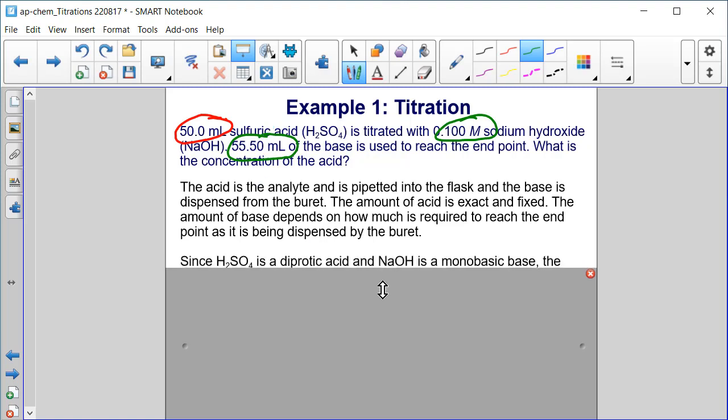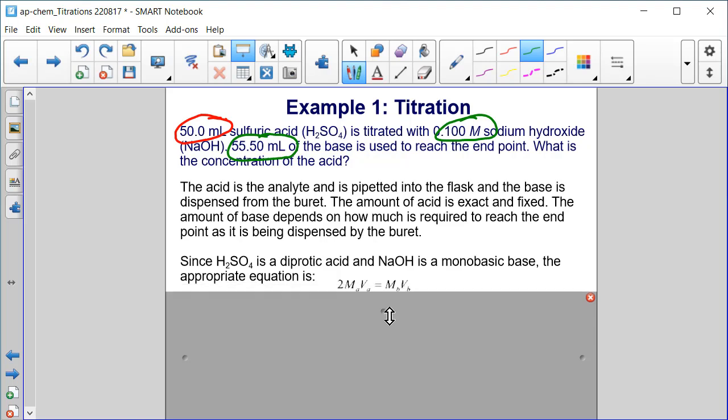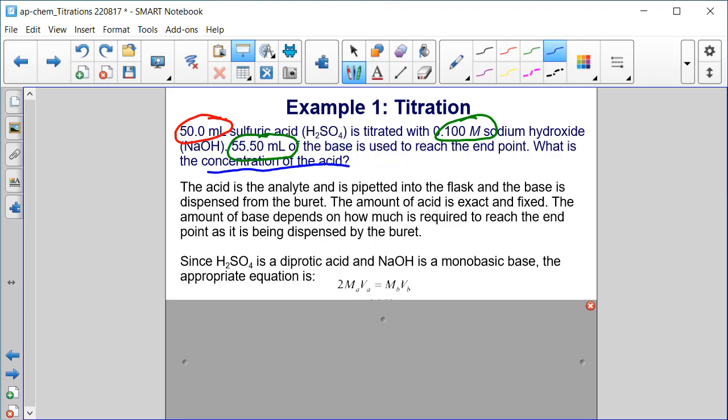Now, this is a diprotic acid, H2SO4, and a monobasic base, because we have one OH. So our equation is 2 MAVA equals MBVB, where capital M is the molarity. What are we looking for? We're looking for the concentration of the acid, which is MA.